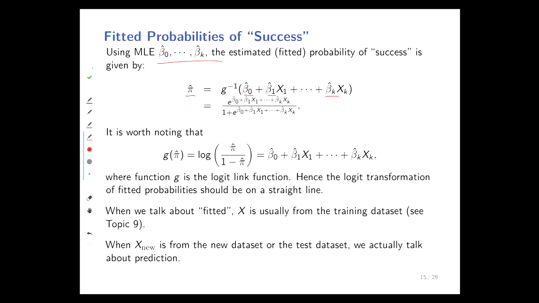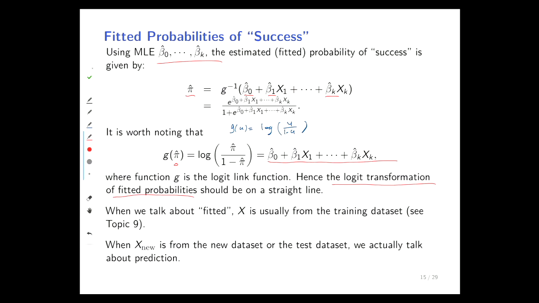It is worth noting that if we consider this g function transformation, so what's g? g is actually our logit link function, which equals log of u divided by 1 minus u. If we consider this transformation, we can obtain a linear combination. That just means the logit transformation of the fitted probability should be on a straight line. I will show it using this real data example later.